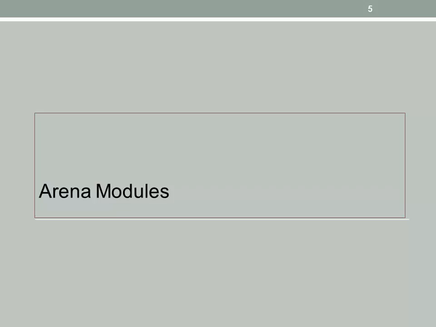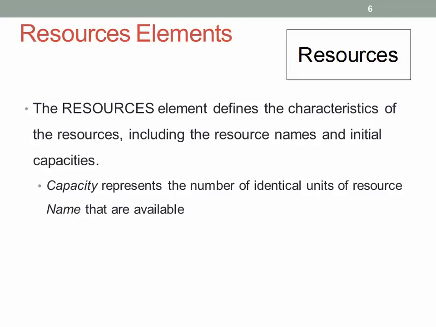So now let's get started with the Arena modules. So we already covered the resources module, how to use it to represent a machine or any resource that we need to use in a company or industry.